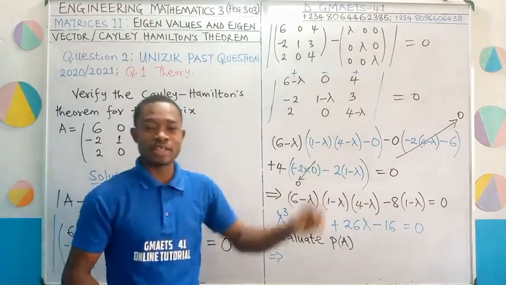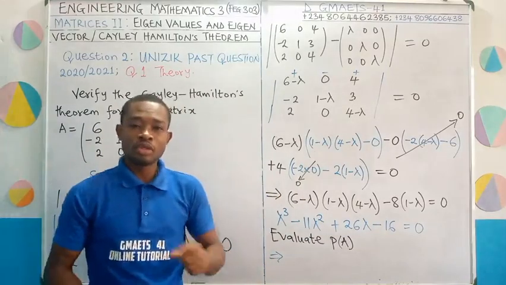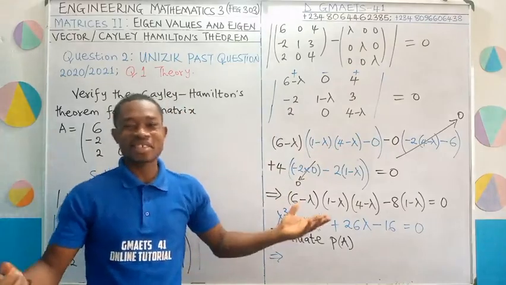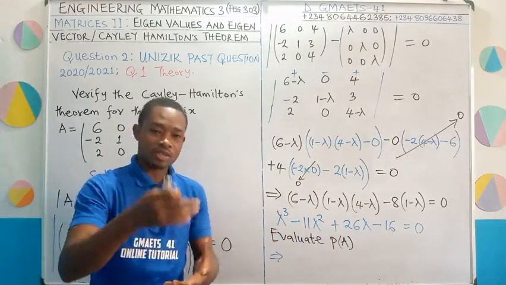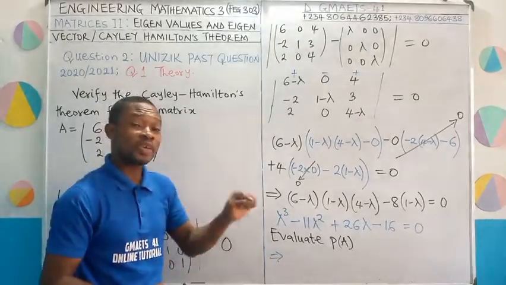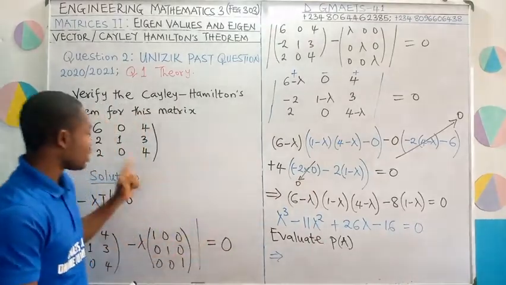If you're given a polynomial, they say, okay, find P of 2. You go to that polynomial and then in place of the variable there, usually x as we use, you fix 2 for x and then simplify. So in this case, we are going to obtain P of A, where A is the given matrix.